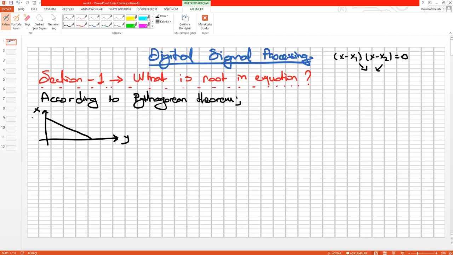Okay. And so, if we assign any variable in here, like this one, and we have this 90-degree angle in here, we can define the new variable like this one. Okay. And so, as you know, x square plus y square is equal to z square.